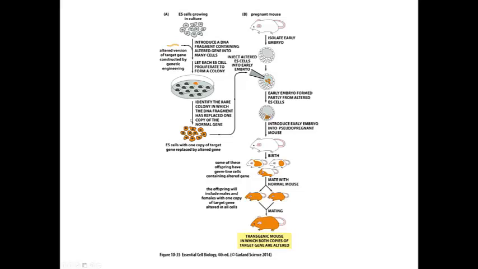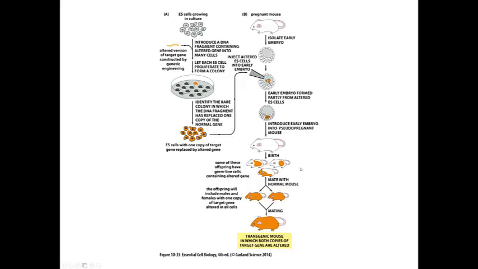This is a pretty rare event, and you have to use drug selection to select for the ones that have undergone homologous recombination. But you can do that, and then once you've got those recombinant embryonic stem cells in hand, they are introduced into a mouse embryo, and the mouse embryo will incorporate them and be introduced into a mouse, and then grow into a fetus that's eventually born.